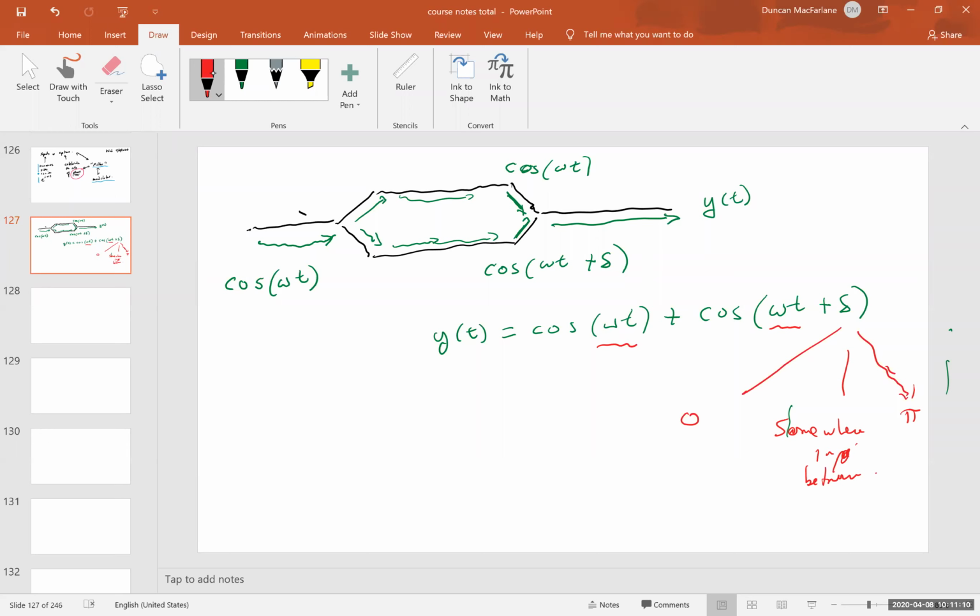If this is 0, then the two cosines add in phase. And if it's pi, the cosines are out of phase. So that would be minus, the cosine would either be a +1 or a -1.